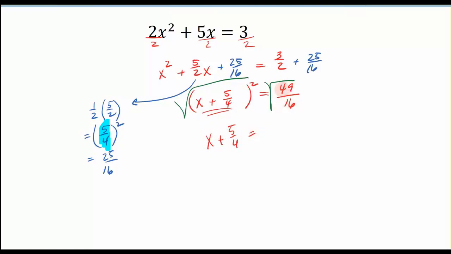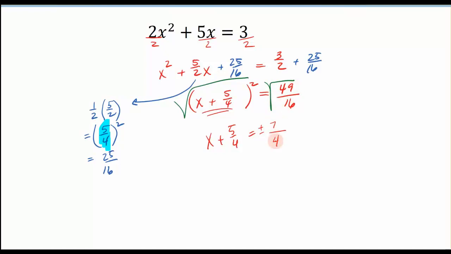The square root of 49/16 can be thought of as individually taking the square root of the numerator, which is 7, and the square root of the denominator, which would be 4, because the square root of 16 is 4. Now remember that when we take the square root of a number, we have to consider both the positive and the negative values. So I get plus or minus 7/4.